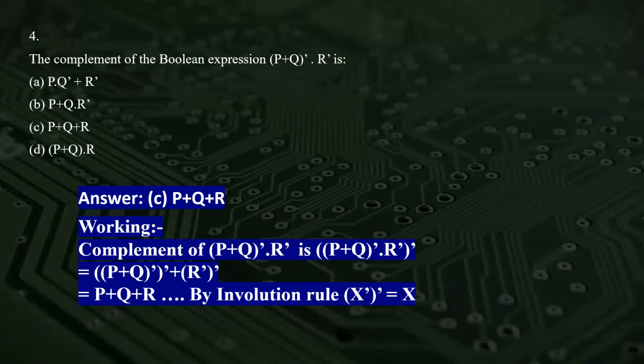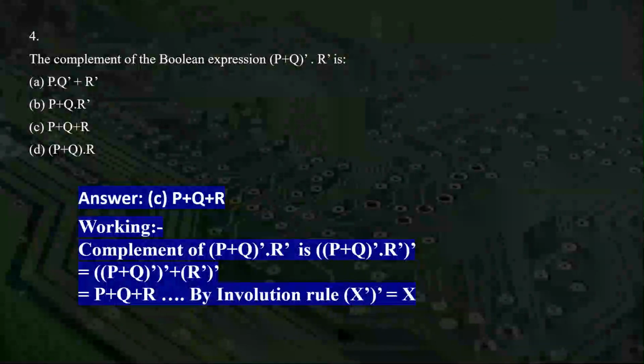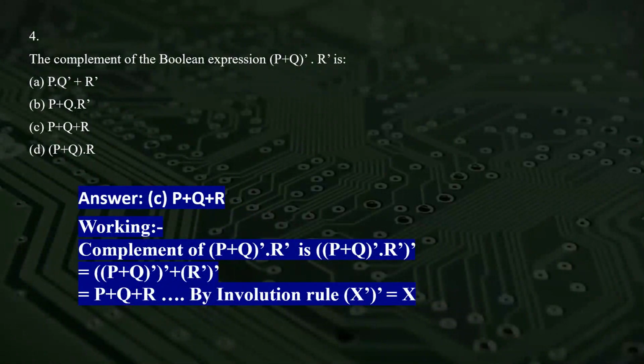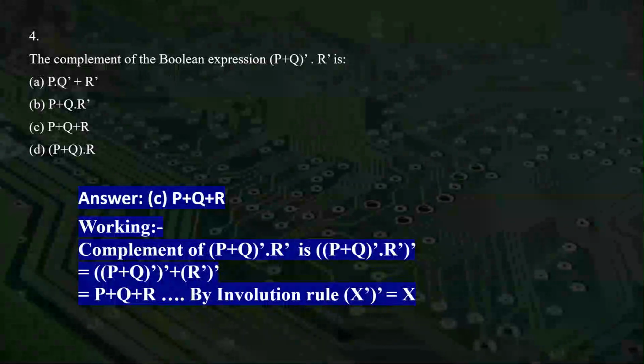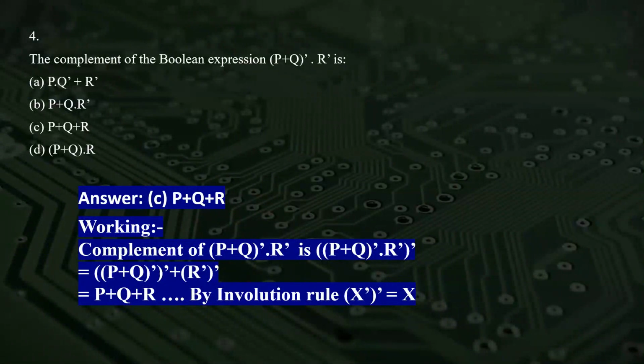P plus Q whole bar dot R bar, if I go for complement of the entire thing, by De Morgan's law, it becomes P plus Q double bar plus R double bar, and by involution rule, the complements will remove and it will be P plus Q plus R.